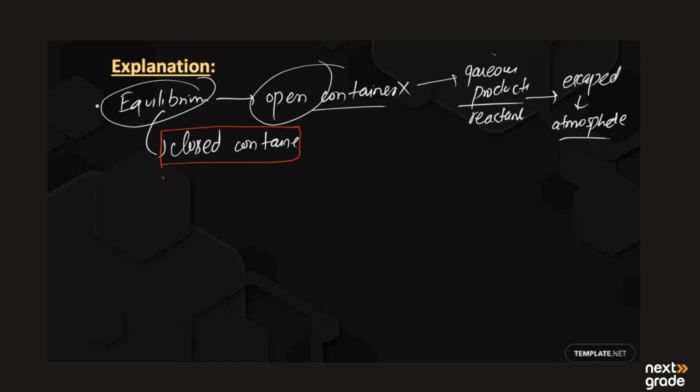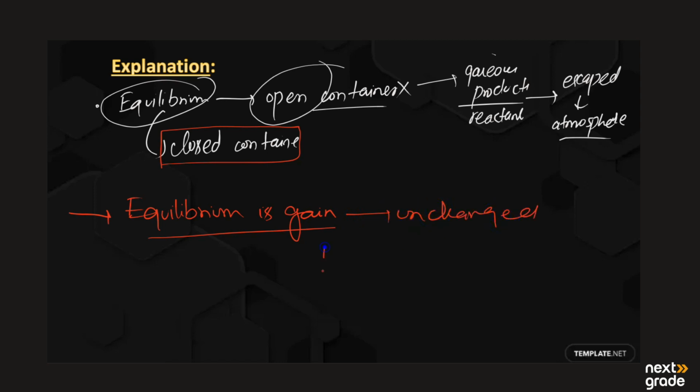When a system reaches equilibrium, it will remain in the same state forever. When the equilibrium is gained or stable, then it will remain unchanged unless we change the conditions.